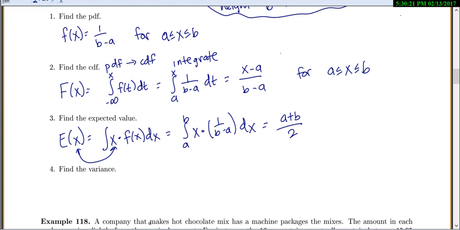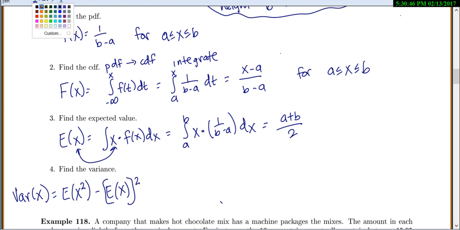And find the variance. How do you find variance? There are multiple ways. The easiest way to compute is usually to find the expected value of x squared minus the expected value of x, all squared. So let's first find the expected value of x squared.